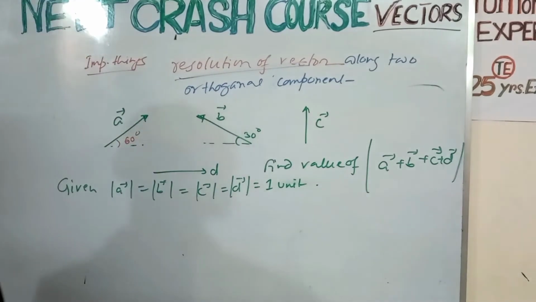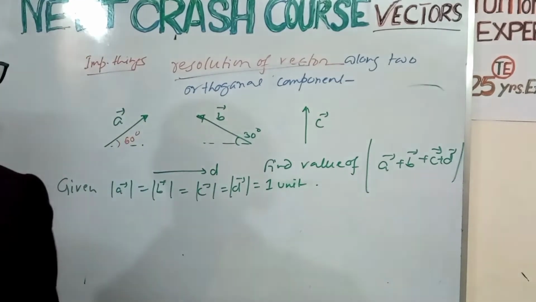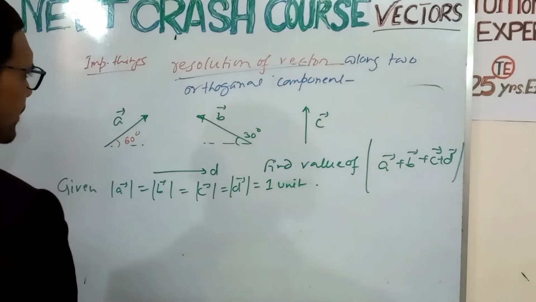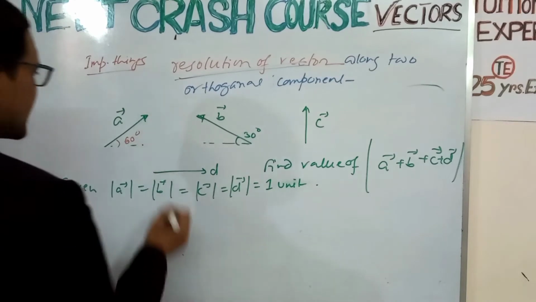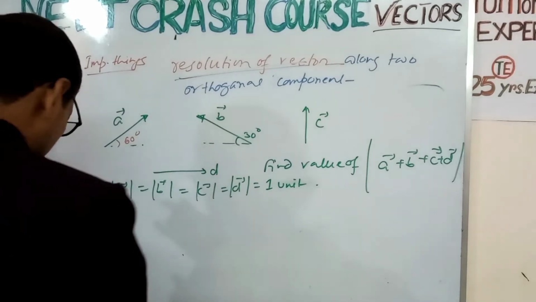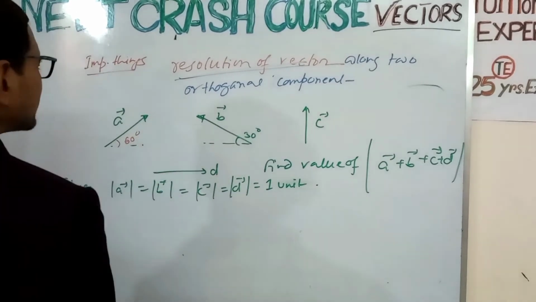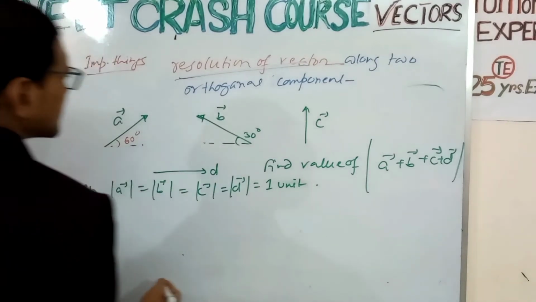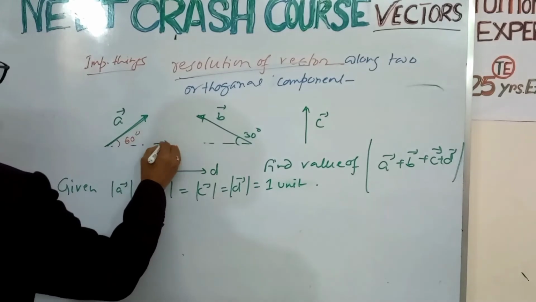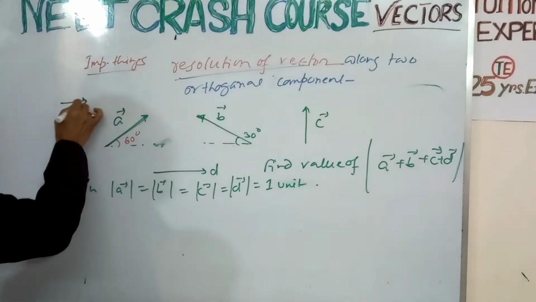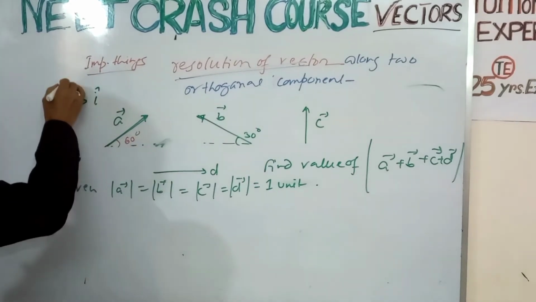To find the addition of more than two vectors, we have to express them in terms of I and J form. That is, we take unit vector I along the x axis and unit vector J along the y axis.